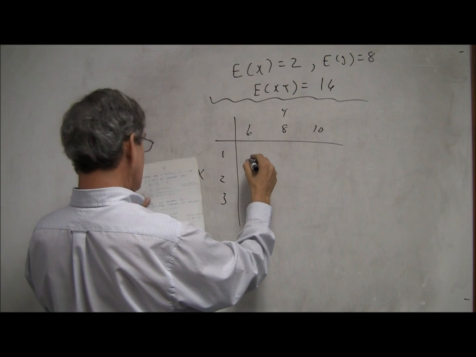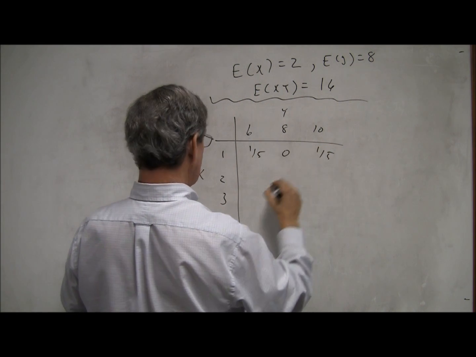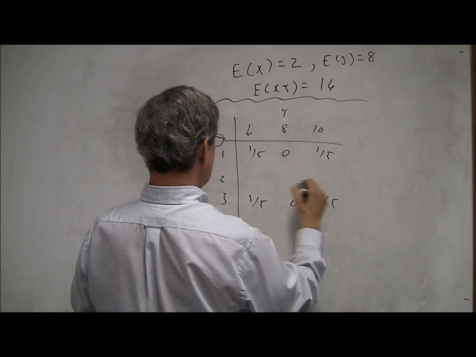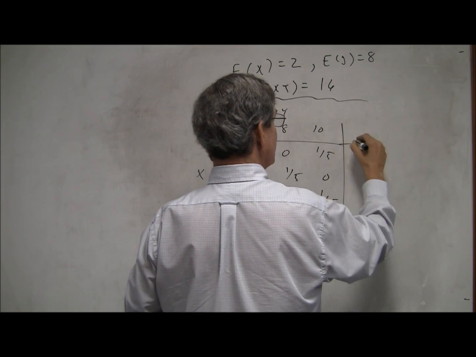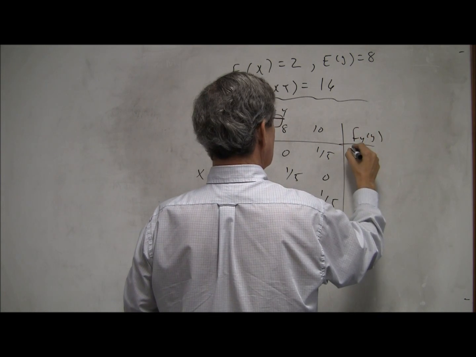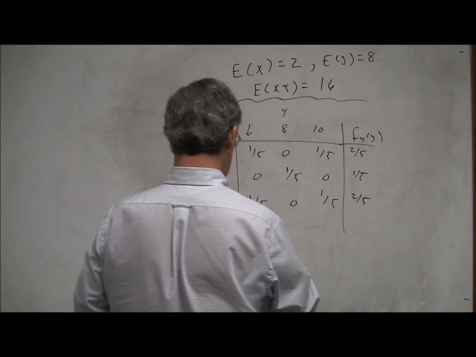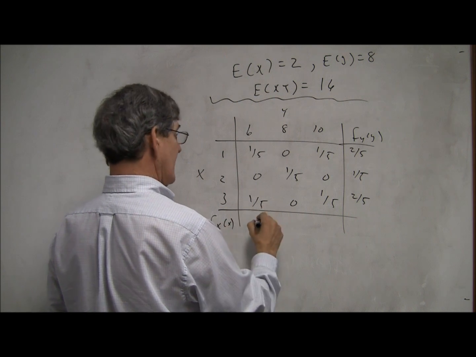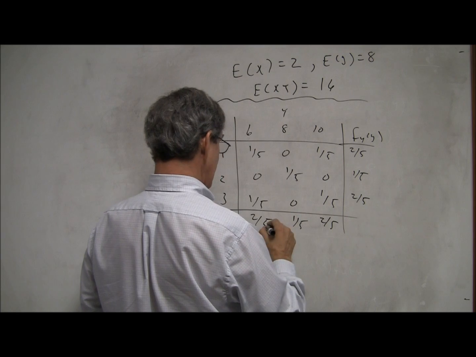And this was 1/5, 0, 1/5. Down the bottom was the same, 1/5, 0, 1/5. And the middle was the opposite. And then we had the marginals, fy of y, which were 2/5, 1/5, and 2/5. And the marginal for x was the same, 2/5, 1/5, and 2/5, because this thing's symmetric.